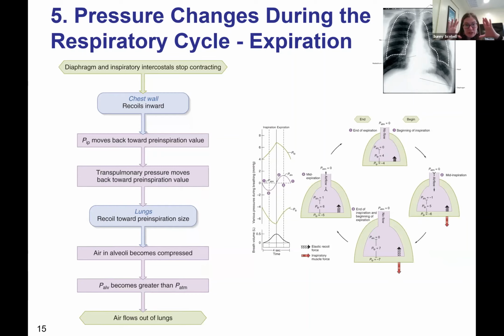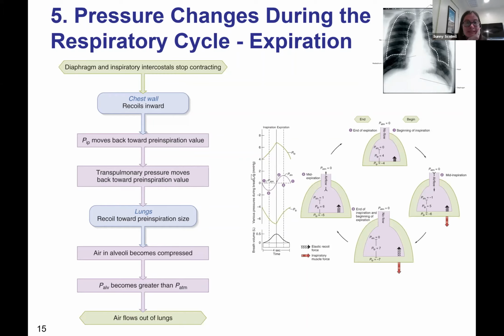So again, when you think of that transmural pressure, that transpulmonary pressure, think of the actual tension across the lung surface that you're pulling on. When it is its biggest, that's at the fullest part of inspiration. When it's at its lowest, that's at the most relaxed of expiration.